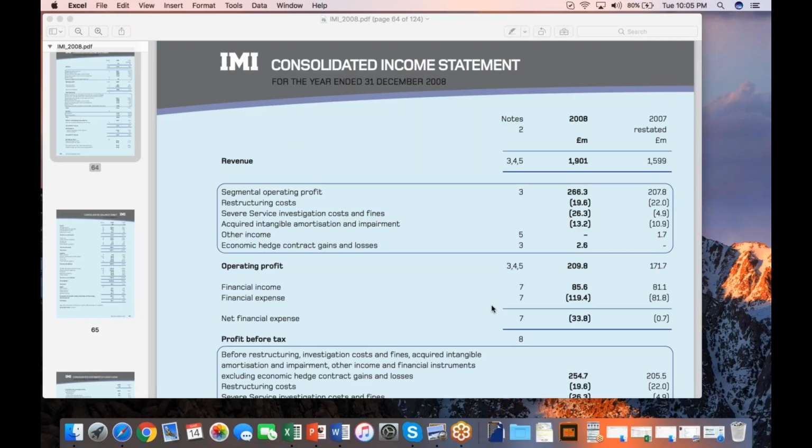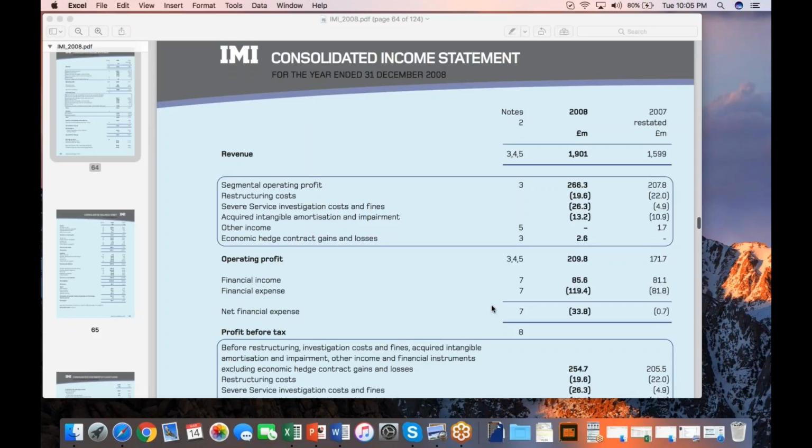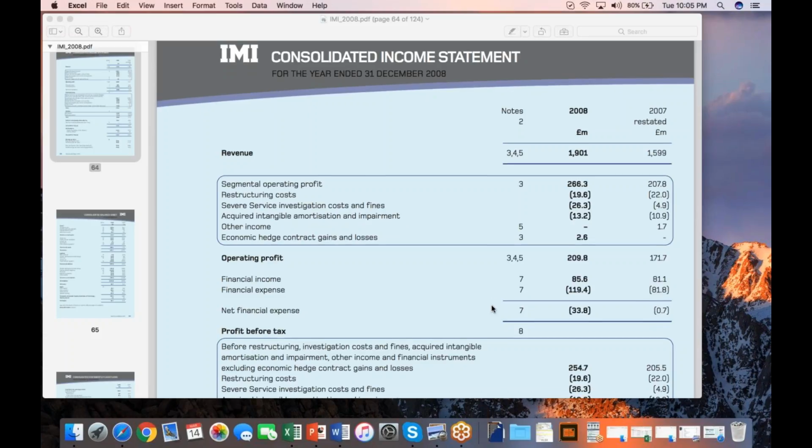Okay, now you know what my understanding is? My understanding was that we should exclude the amortization and impairment and service and investigation fines and everything. But I'll come straight to the point. What the professor has done is, professor has used an operating profit number which is not an IFRS number, because the IFRS number is operating profit, 209.8.